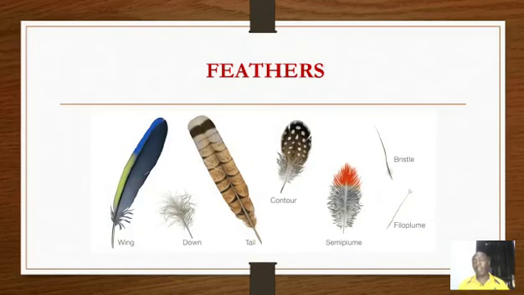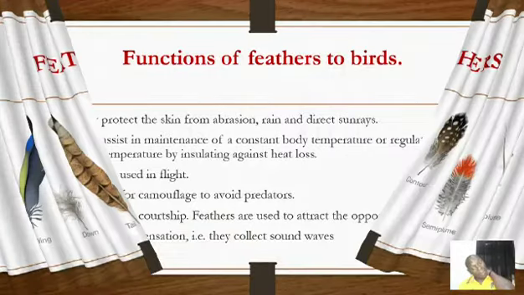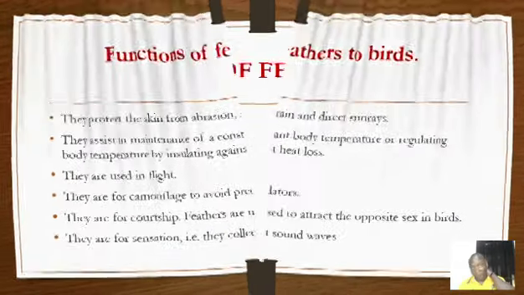We are seeing a variety here, but the major ones that we talk of are the quill feather, the contour feathers, the down feathers, and the phyloplumes. So those are the four major types of feathers.